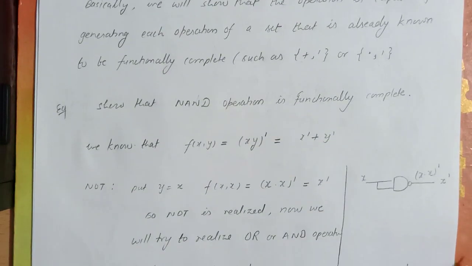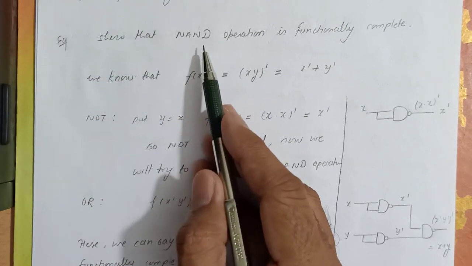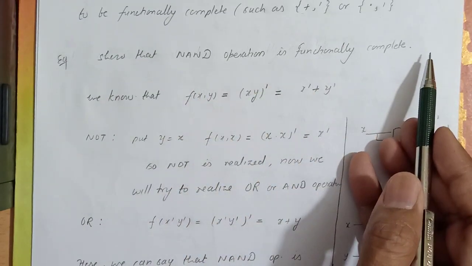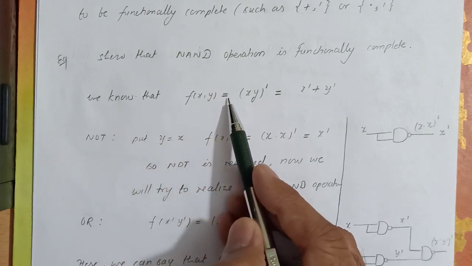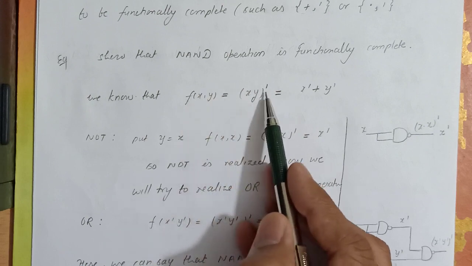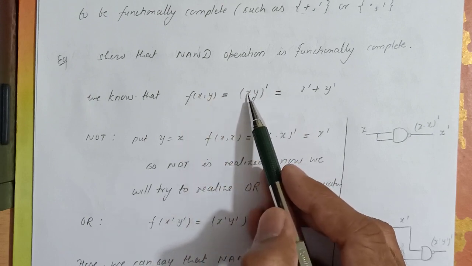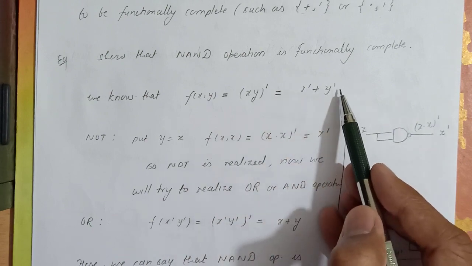In this example, we have to show that the NAND operation is functionally complete. We already know that f of x comma y equals (xy) dash. This is the definition of the NAND operation, which can be further written as x dash plus y dash.